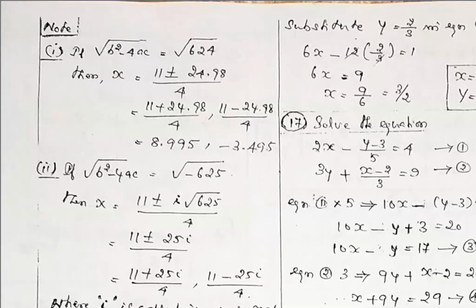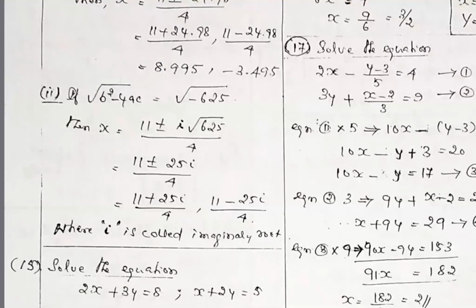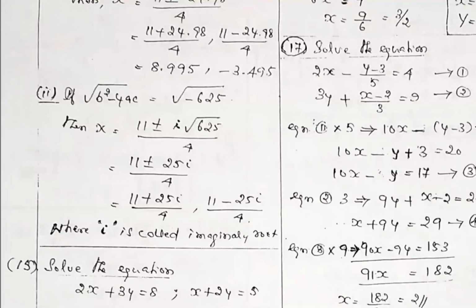So the balance within the root is 625, so 25 is the answer. So 25i, imaginary. So simplification is not possible. The answer is 11 plus 25i, one answer. 11 minus 25i, so addition and subtraction are not possible. Here i is called the imaginary root.